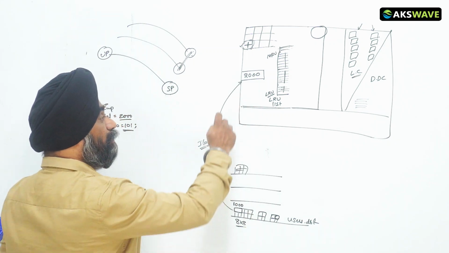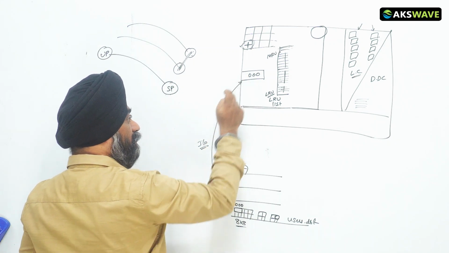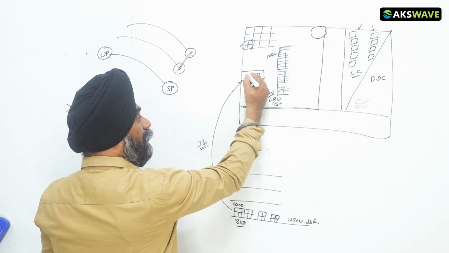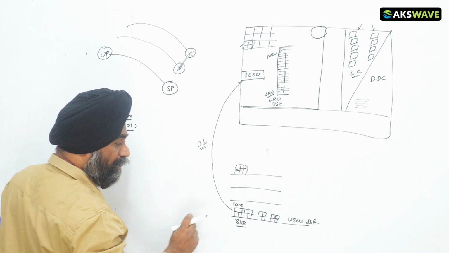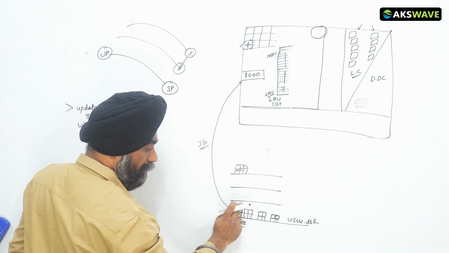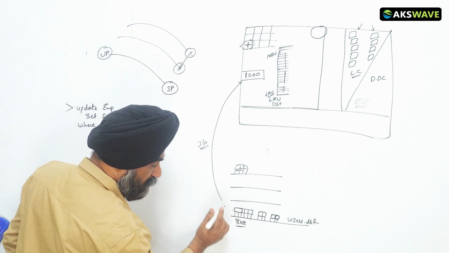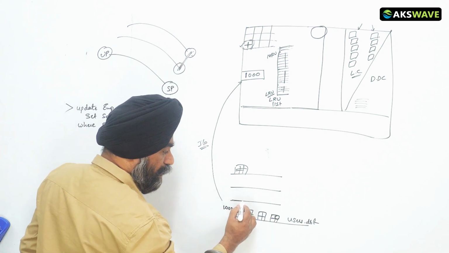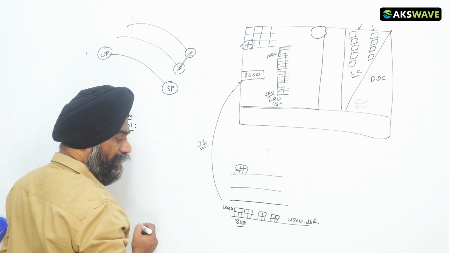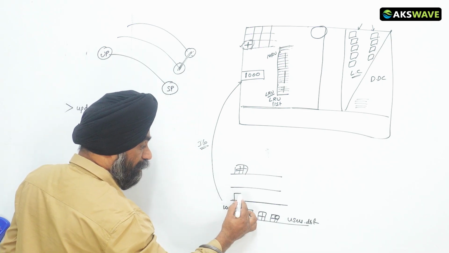So what will Oracle do here before modifying this? Before I modify any data, I will go to another file. Let me keep this 1000 on the side, the old value. So I'm going to another data file, and there is another object available.